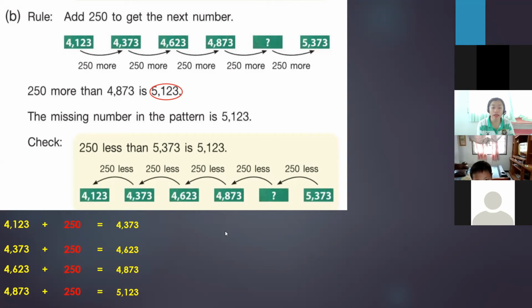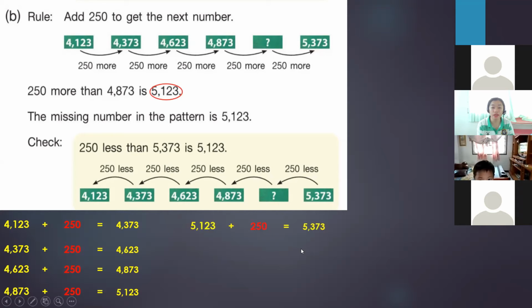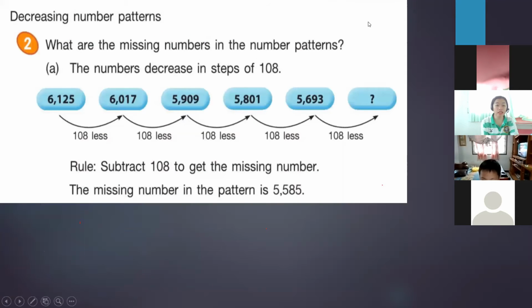And then 5,123 plus 250 is equal to 5,373. So that is the missing number in this pattern, and the rule is you're going to add 250 to get the next number.